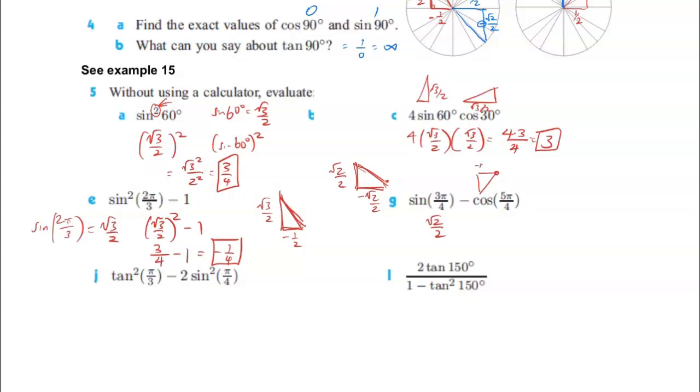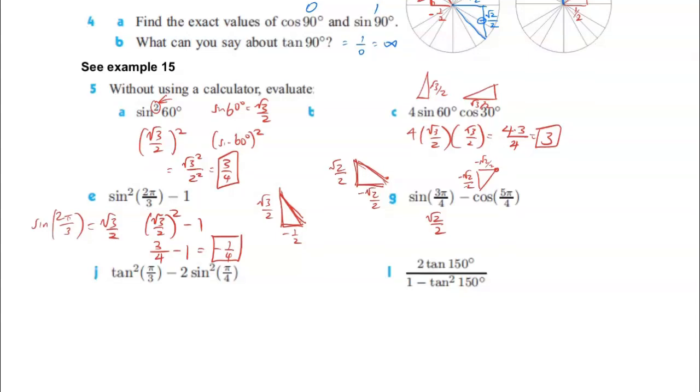Of course, it would be a negative to the left and negative down. So both the x and the y coordinates are negative. The cosine value is the x coordinate, so it would be a minus, negative square root of 2 over 2, right?